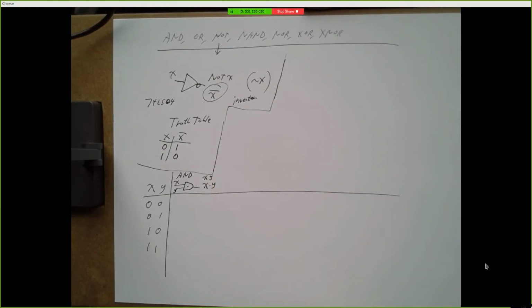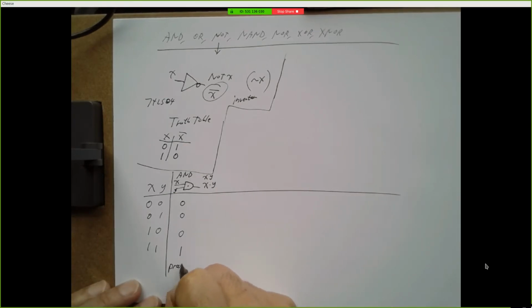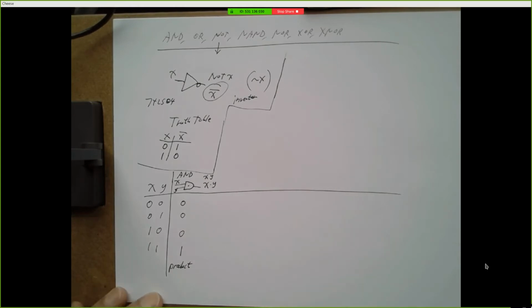What an AND does is output a 1 if x is 1 and y is 1. So if both of these inputs are 1, the AND of them is 1, otherwise the AND is 0. This operation is sometimes called a product. So the product of x and y is the same as x ANDed with y.